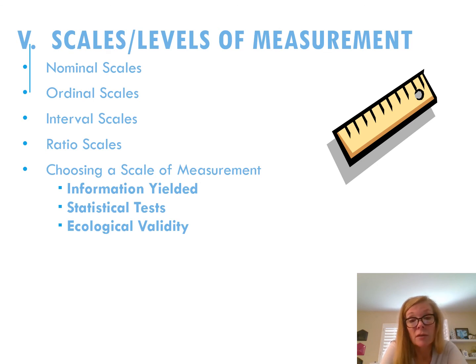Juries don't rate how guilty you are on a scale of 1 to 7. They don't measure your guiltiness in a ratio manner, like how many pieces of evidence are there actually against you. No, it's all or nothing. The outcome is either, well, I guess it could be a mistrial, but generally guilty, not guilty, that's nominal.